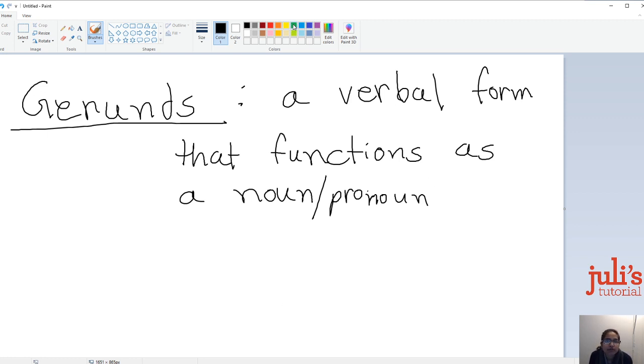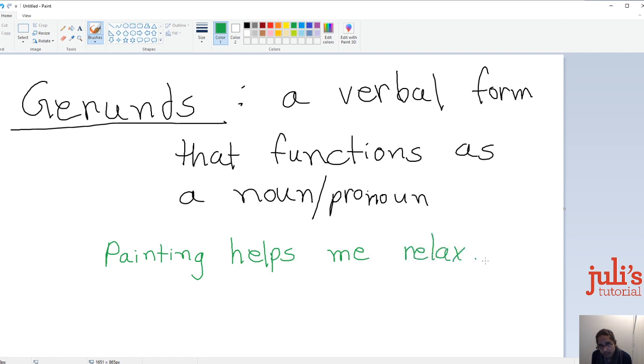One example, very easy example. Painting helps me relax. Who can tell me what the subject of this sentence is? What is the subject or noun of this sentence?